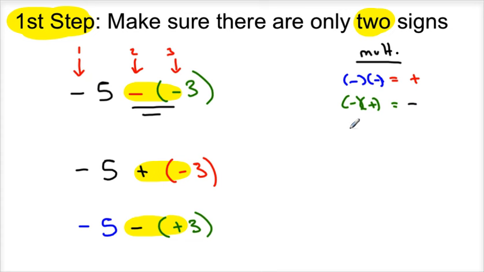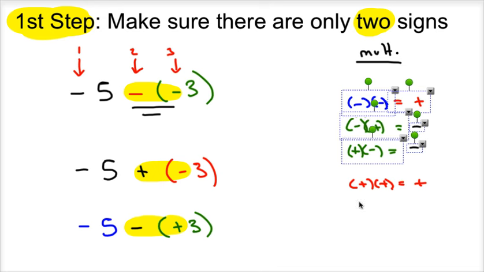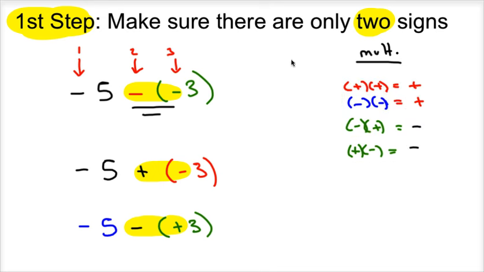A negative times a positive times a negative gives a negative. And the most basic, a positive times a positive is a positive. So there are 2 different ways to get a positive, and 2 different ways to get a negative. Positive times a positive is a positive, negative times a negative is a positive, negative times a positive is a negative, and a positive times a negative is a negative.